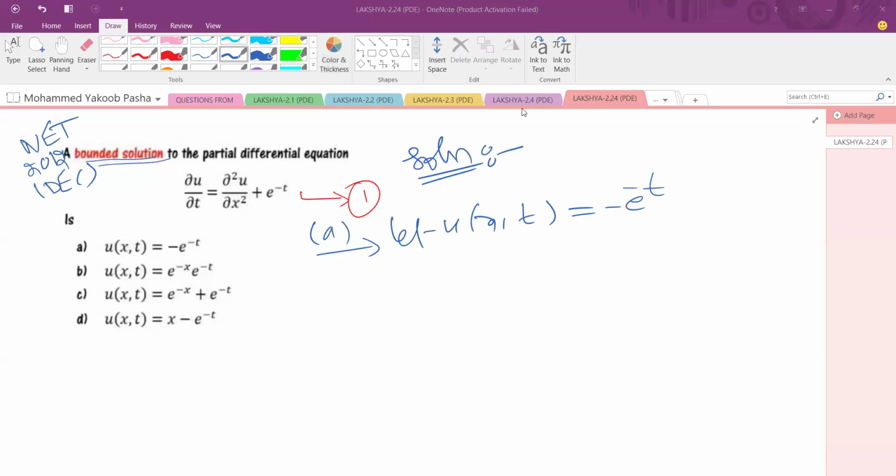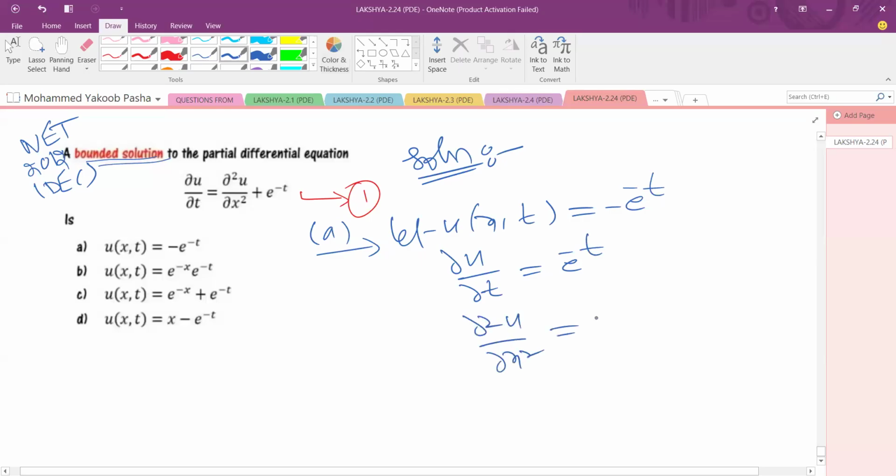Okay. First, I am writing the dou u by dou t value. That is equal to e power minus t, and dou square u by dou x square value is 0. And substitute in equation number 1. Therefore, the left side is e power minus t is equal to 0 plus e power minus t.